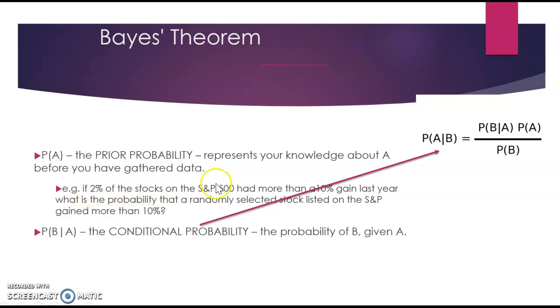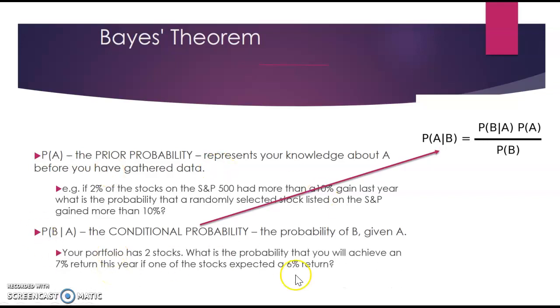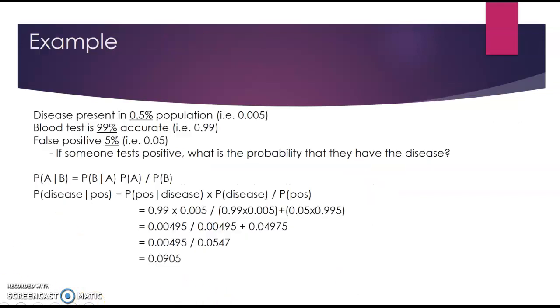If 2% of the stocks in the S&P 500 had more than a 10% gain last year, what is the probability that a randomly selected stock would have gained more than 10%? That's an example of conditional probability. If your portfolio had 2 stocks, what is the probability that you achieve a 7% rate of return if one of them already returned a 6% rate of return? Again, conditional probability in there.